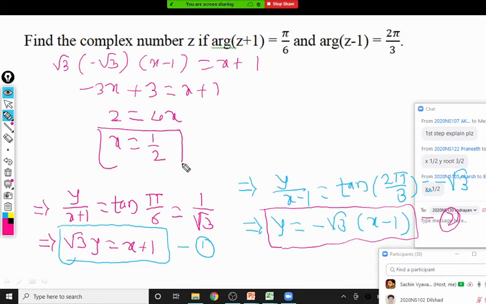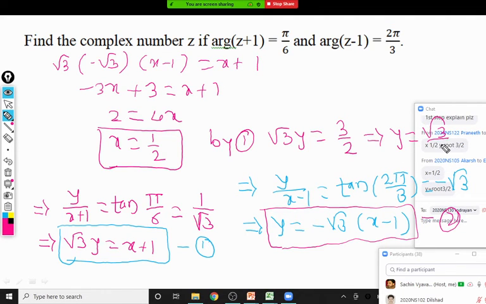We got x. Now if we got x as 1 by 2, by equation 1, root 3y is equal to x plus 1. X means 1 plus half is 3 by 2. And one root 3 gets cancelled, y is root 3 by 2. And that is the correct answer.